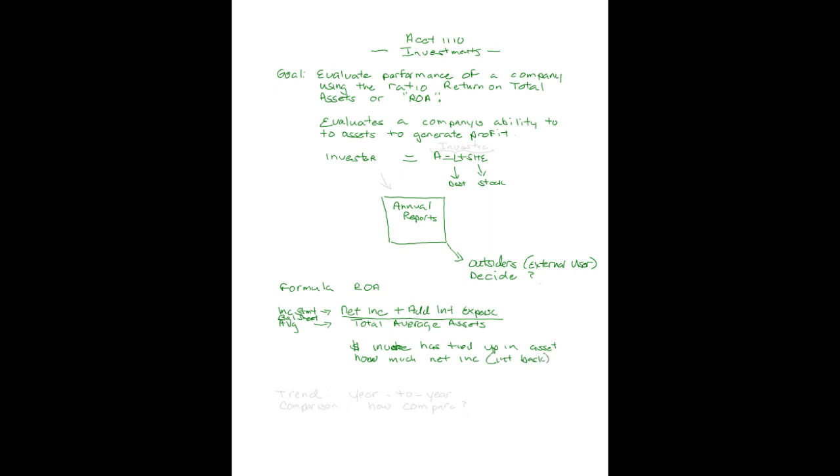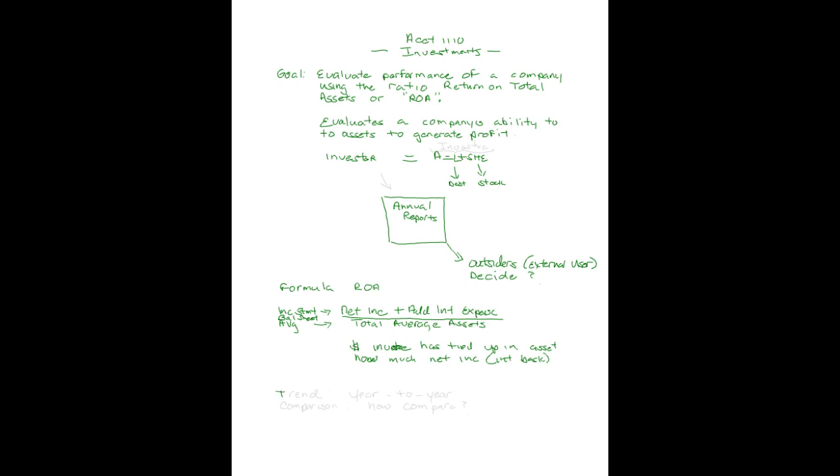So for every dollar you have invested in total assets, how much net income are you able to generate? And the reason that we add back interest is to determine the real return on assets, regardless of the way the assets are financed, whether it's through debt or equity.